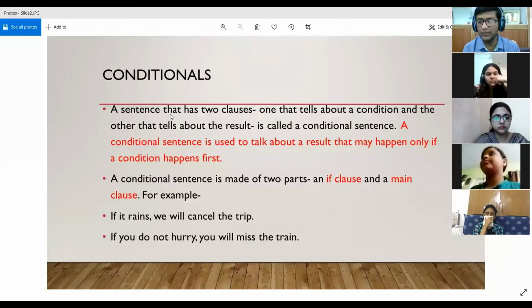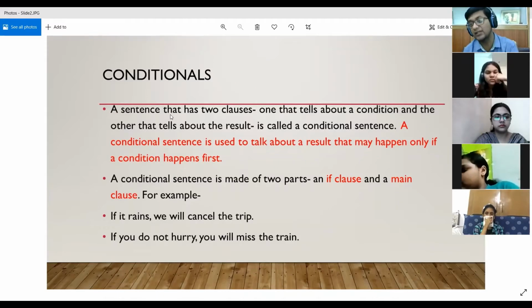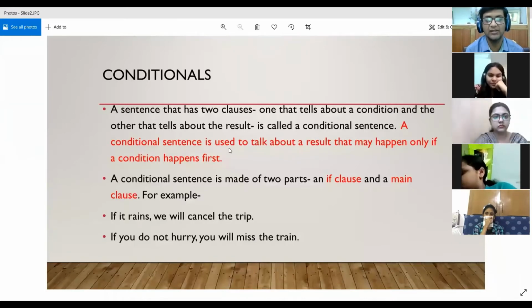So it basically means we are giving a condition that if such a thing happens, then this will be the result of a particular happening. Okay. So when we construct the sentence in such a way, these types of sentences are called conditional sentences.